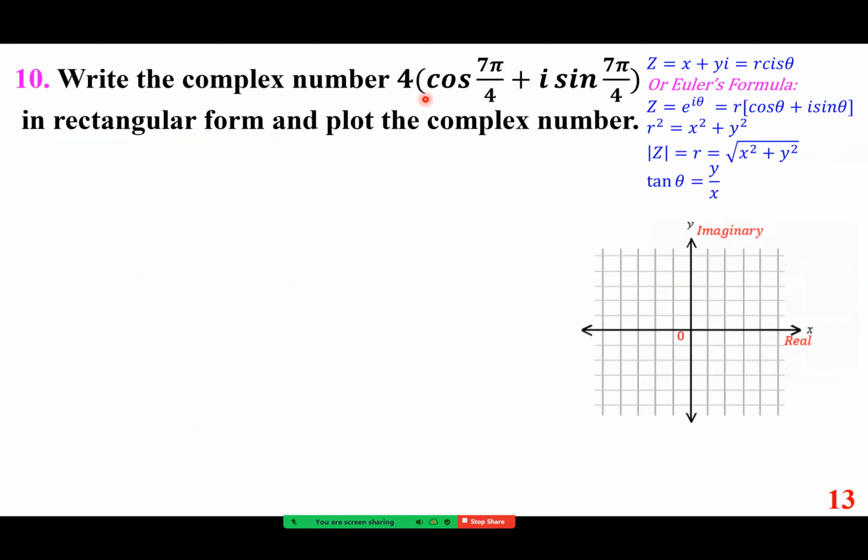Write the complex number 4 times cosine of 7 pi over 4 plus i sine of 7 pi over 4 in rectangular form, and plot the complex number. And again, I'm reminding you of the formulas.